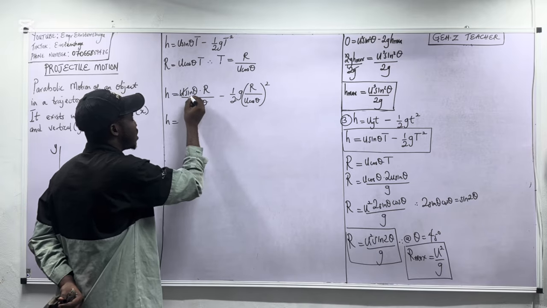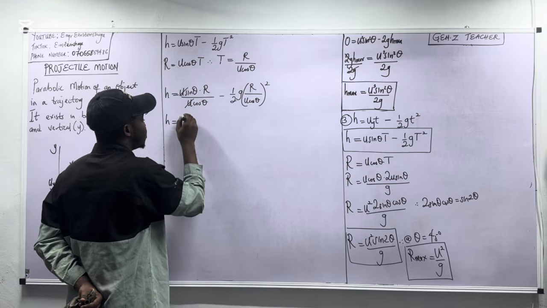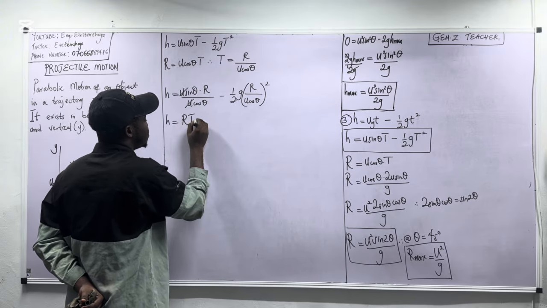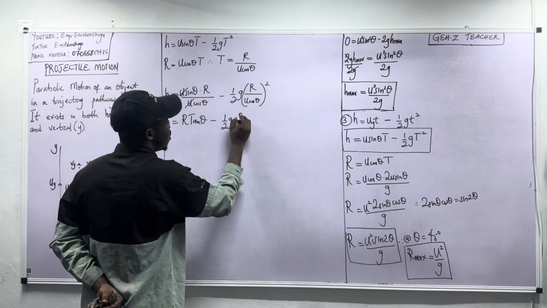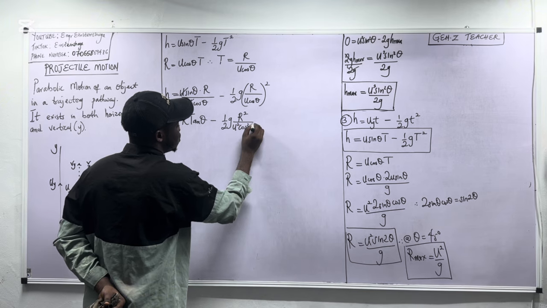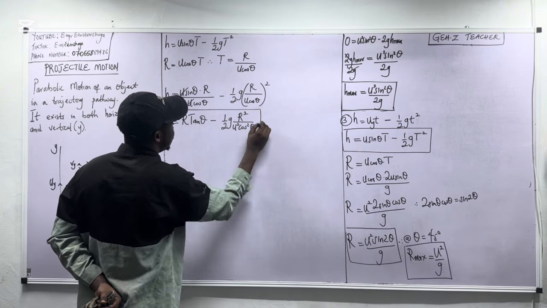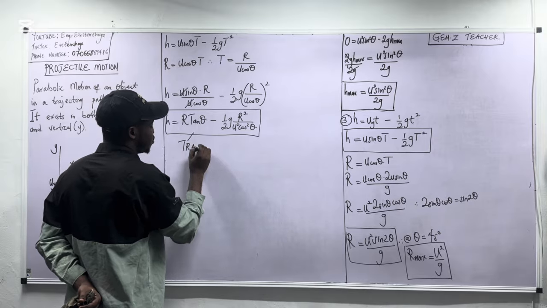So we can say sine theta over cos theta equals tan theta. So h equals R tan theta minus half g R squared over u squared cos squared theta.